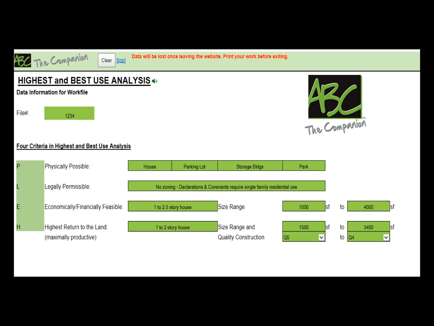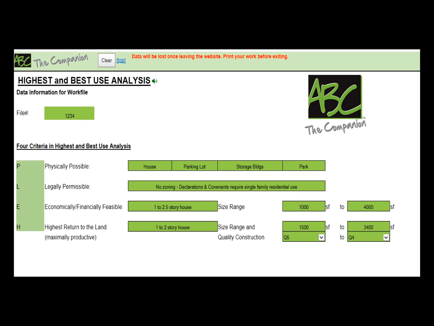So maybe the highest return to the land would be between that range of 1,500 and 3,400 square feet. Lastly would be the quality of construction. In this example, this is probably a tract built or design built type neighborhood or development where the quality of construction is based on a Q5 to a Q4 UAD rating. Again, here's an example for you. I hope this helps.